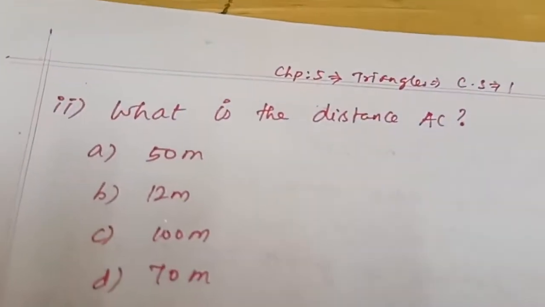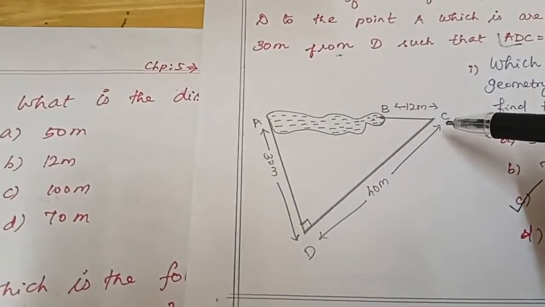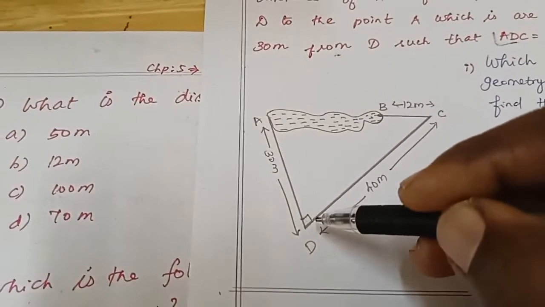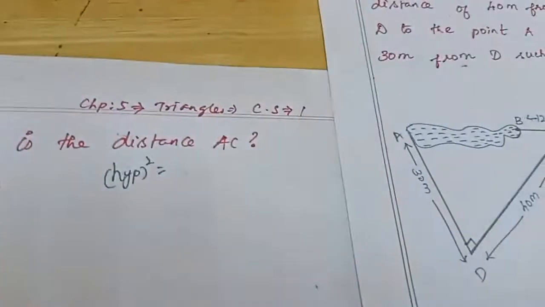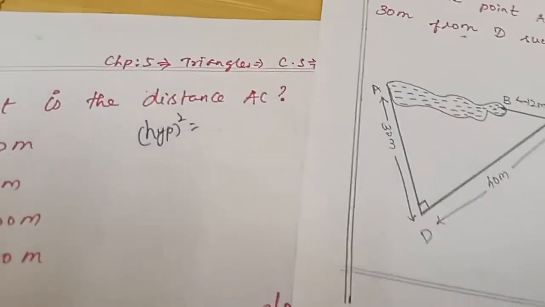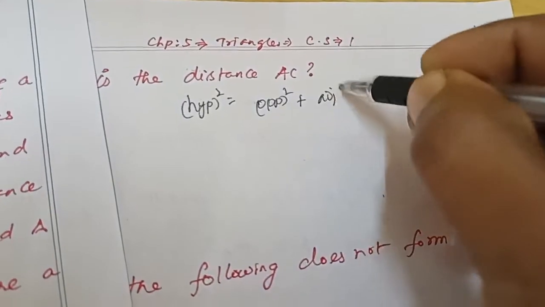So the next question. What is the distance of AC? They asked the distance of AC. I already told you it is a right angle triangle. So by Pythagoras theorem, hypotenuse square is equal to opposite square plus adjacent square.